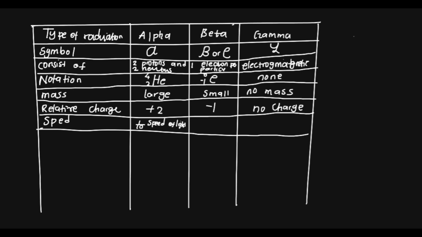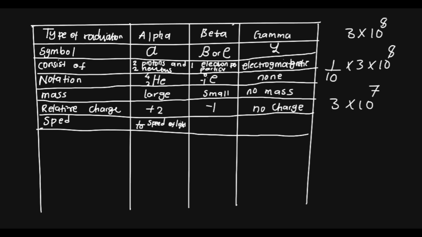This means that the speed of light, we know that is 3 times 10 raised to the power 8, and according to the electromagnetic spectrum, under the properties, we say that all electromagnetic waves travel at the same speed of light. So if we multiply 1/10 with the speed of light, 3 times 10 raised to the power 8, we'll see that we are going to have 3 times 10 raised to the power 7. So this is the speed of the alpha.